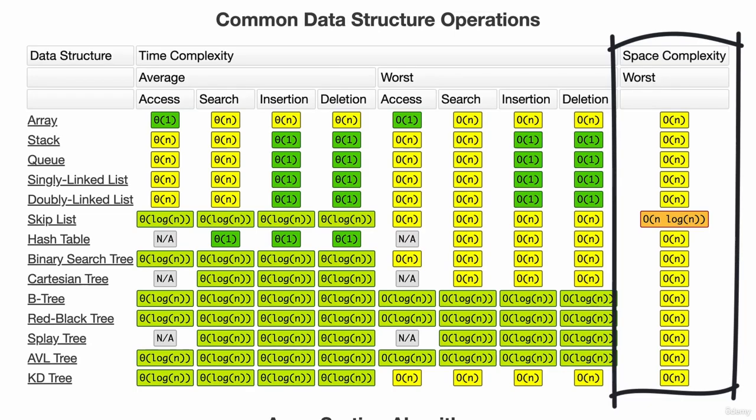And you can see that except for one, the skip list, which we're not going to build in this course, they're all O of n. And this is one of the reasons we're going to spend much more time on time complexity than space complexity, because in the entire data structure section, all the space complexity is going to be the same.